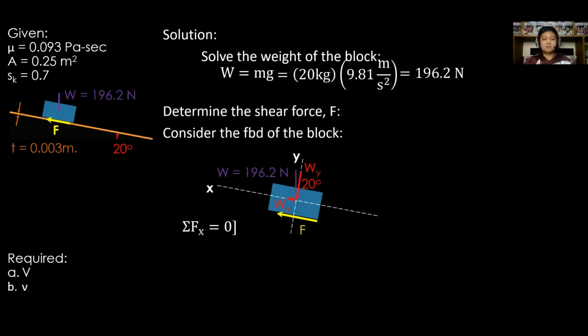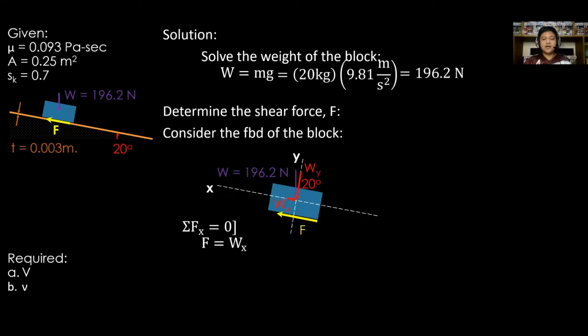So the summation of the forces along our rotated axis x equal to 0, F is equal to W sub x, which is the component of our weight along the rotated axis x.